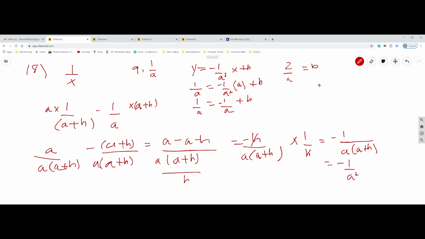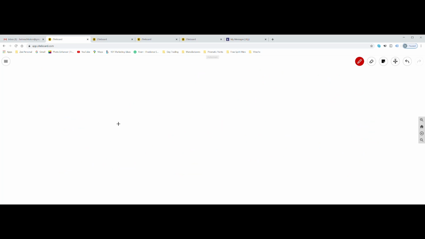So now we have the equation y equals negative 1 over a squared x plus 2 over a.